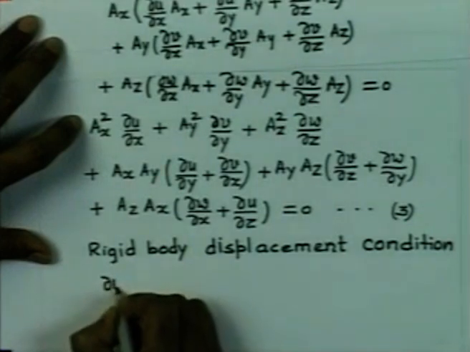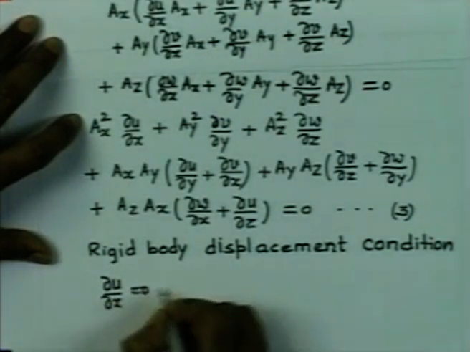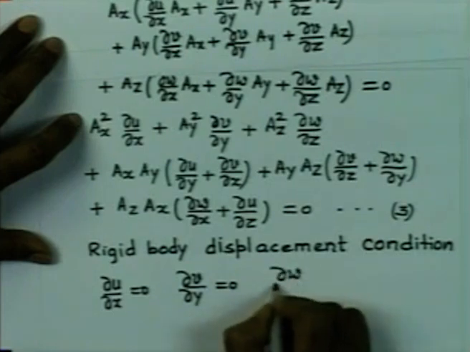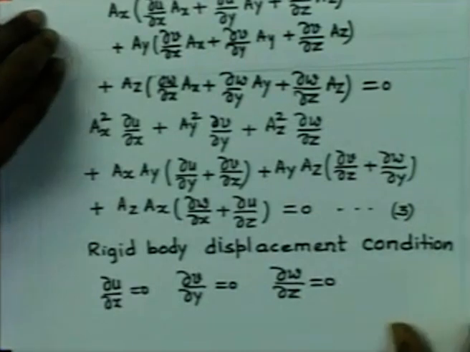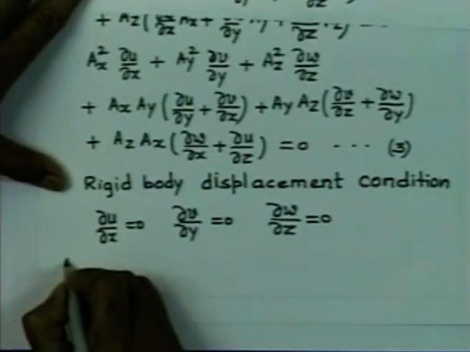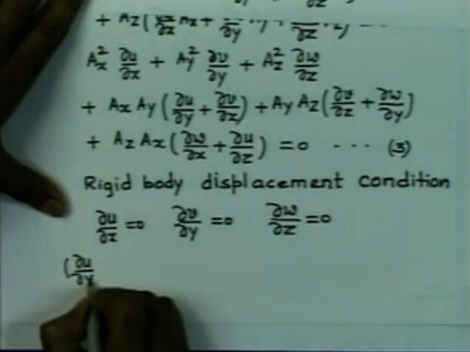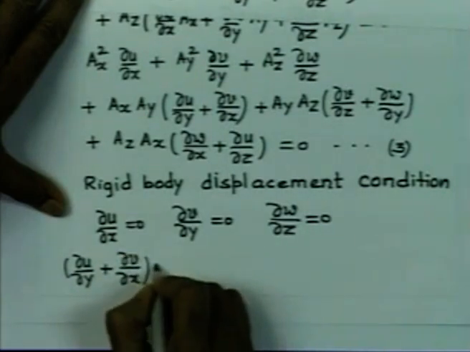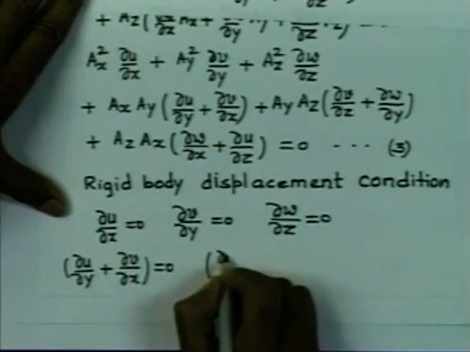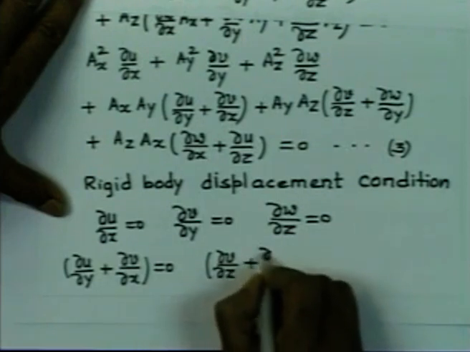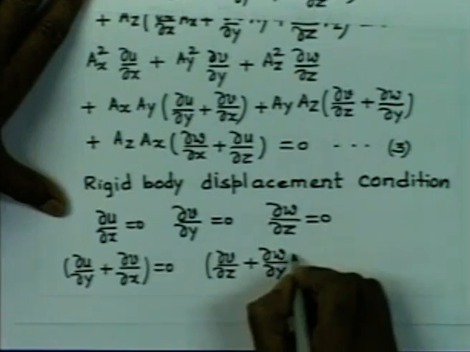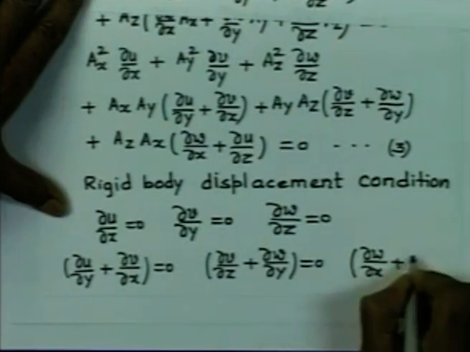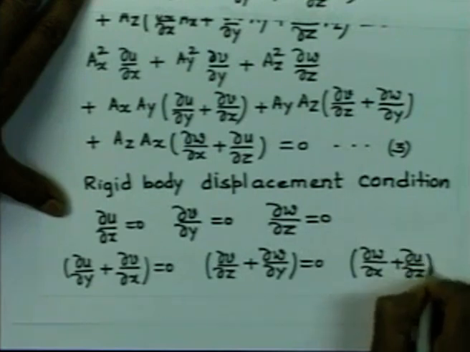So, therefore, it means that delta u delta x equal to 0, delta v delta y equal to 0, delta w delta z equal to 0, and then we have delta u delta y plus delta v delta x equal to 0, delta v delta z plus delta w delta y equal to 0, and delta w delta x plus delta u delta z equal to 0.